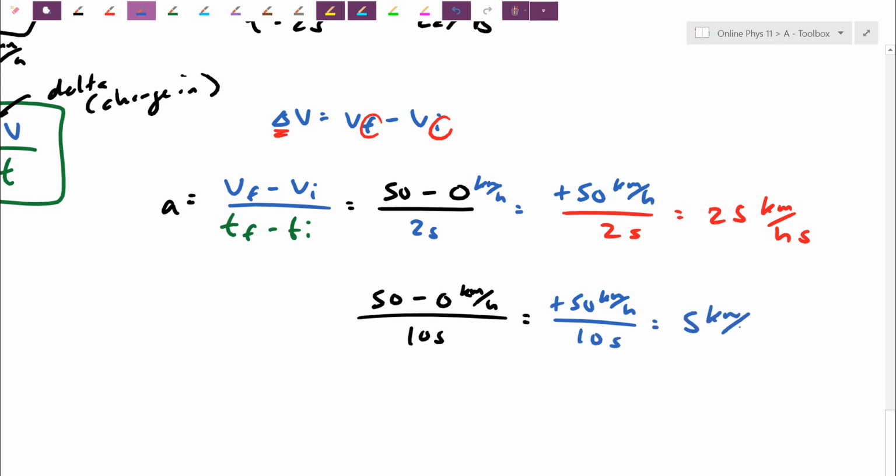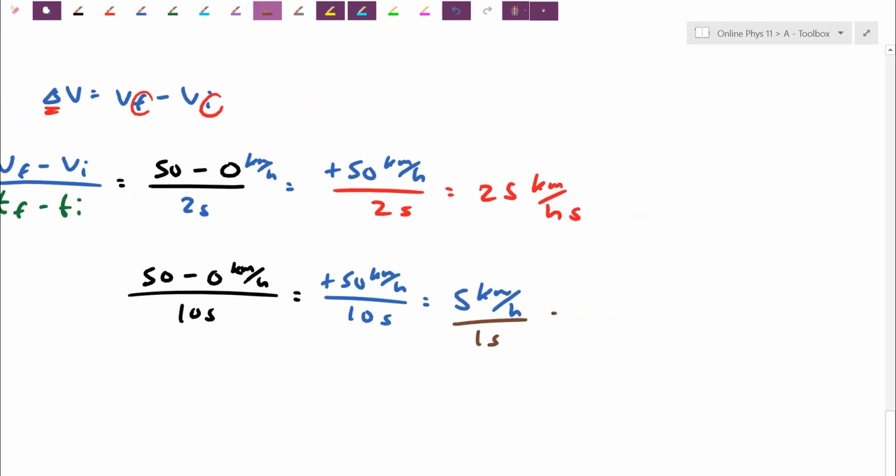You do increase by 5 kilometers per hour for every second that you travel. It's sort of like me saying 5 kilometers per hour faster for every 1 second. If I just do a little bit of math here, I can rewrite that. 5 kilometers per hour, it's like multiply by the reciprocal, multiply by 1 over 1 second. And that's why I can actually put the seconds just directly right beside it.